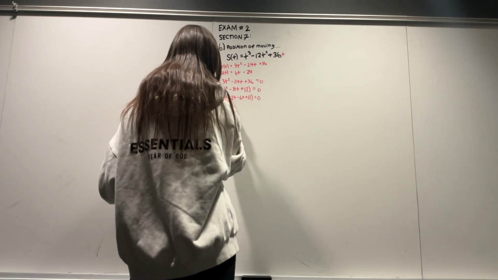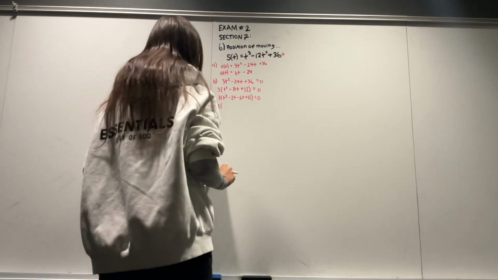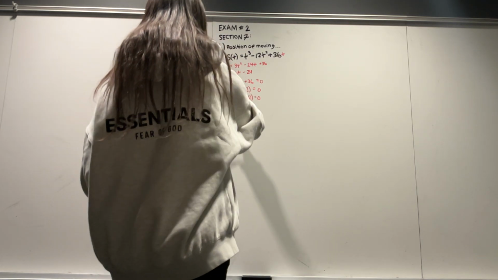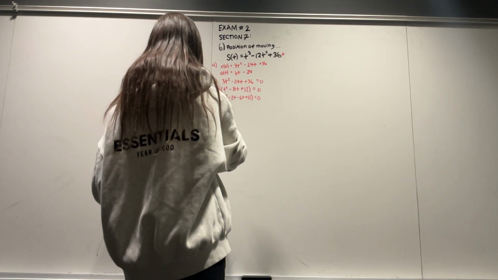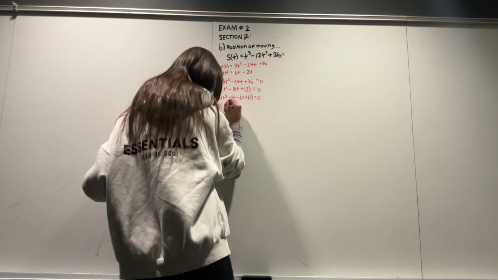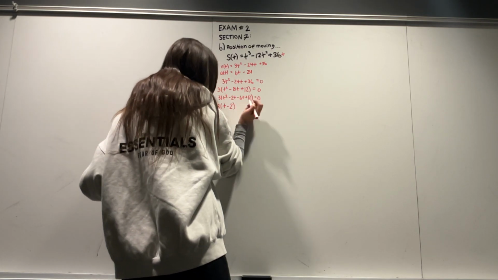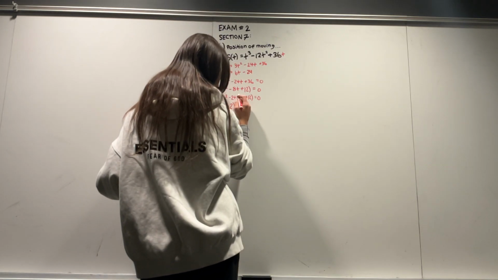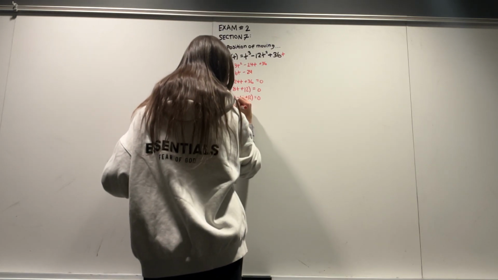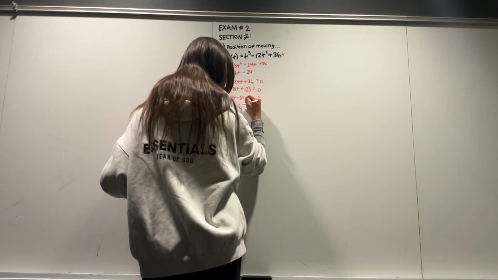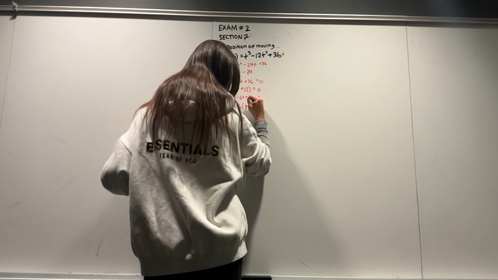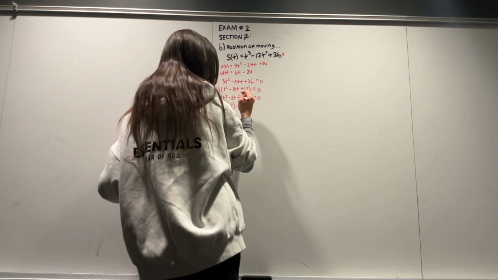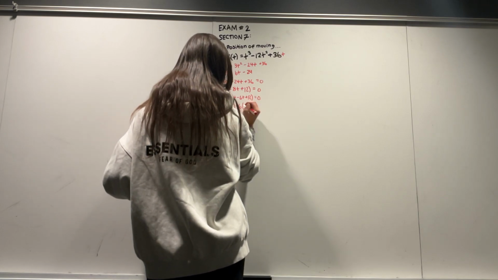It'll be 3, then t minus 2, and then I can take out a negative 6, so negative 6 times t minus 2, since 12 divided by 6 is 2. So these are the same.